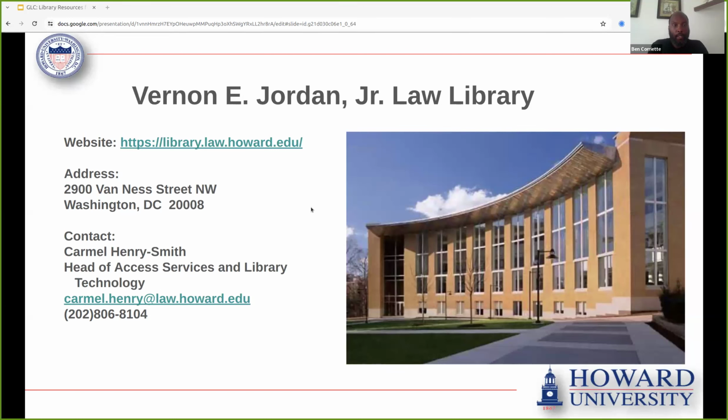Let's move on to the law library. So in 2021, our law library was renamed to honor Mr. Vernon E. Jordan Jr., who was a Howard Law alumnus and went on to be a seminal figure in the civil rights movement, as well as a high-profile fixture here in the Washington, D.C. area. The contact person for the law library is Carmel Henry Smith, and she is the head of access services.